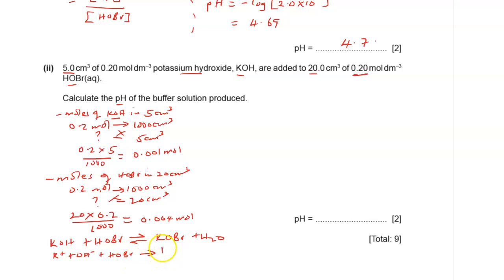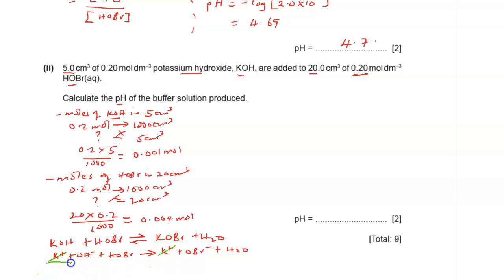This will give us potassium ions plus OBr ions plus water. Of course, when you cancel the spectator ions, the ions that are appearing on both sides, just that.